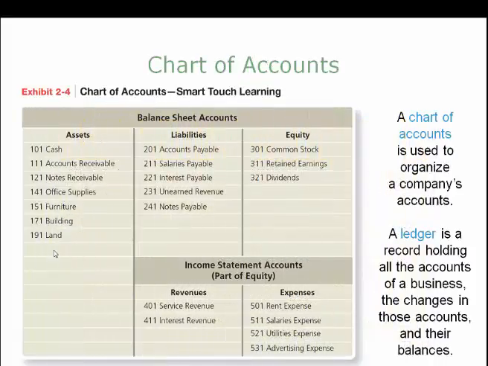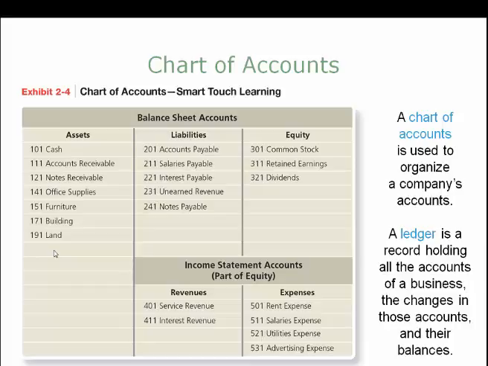Okay? Now here's a chart of accounts, and a chart of accounts helps businesses organize their accounts into categories. Something that I want to point out that's really not in the slides and it's in your book, look at the first number of each account. So the assets, you might have a 1 in parentheses by assets because all assets begin with 1. All liabilities might have a 2 because all liabilities begin with 2.